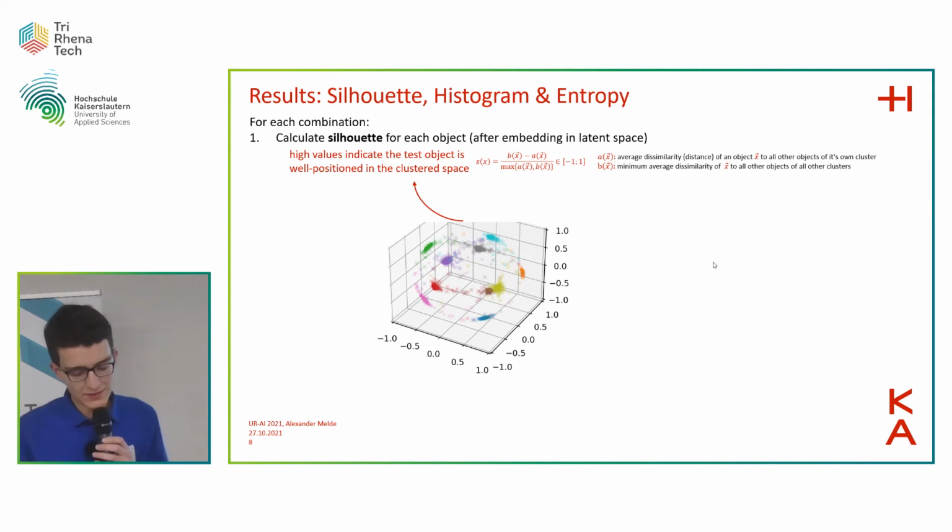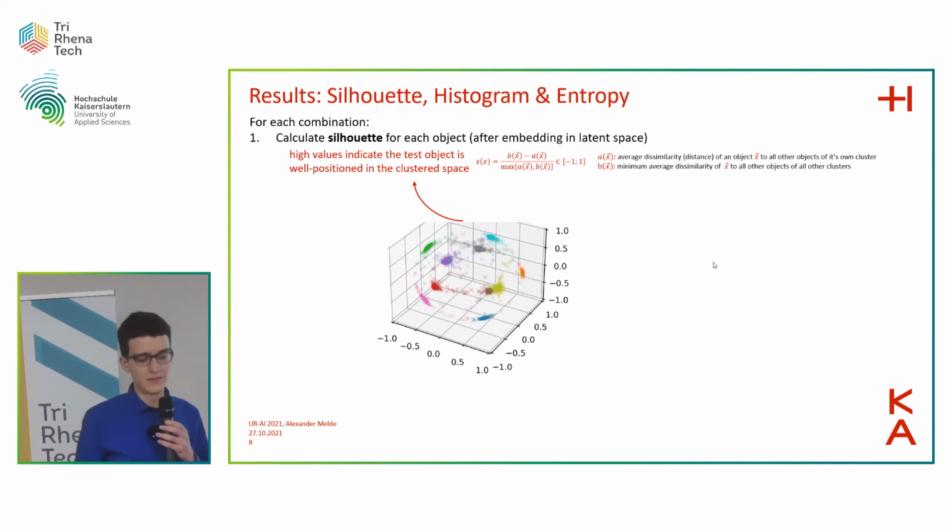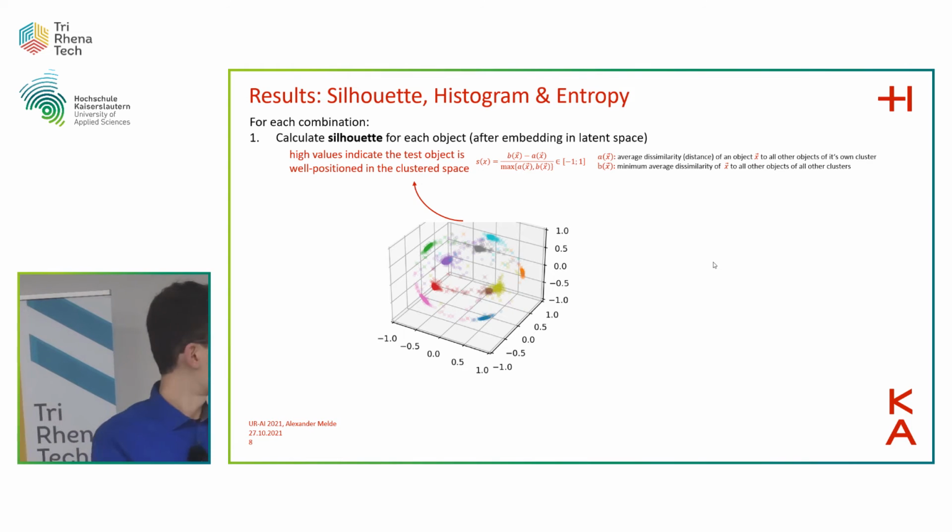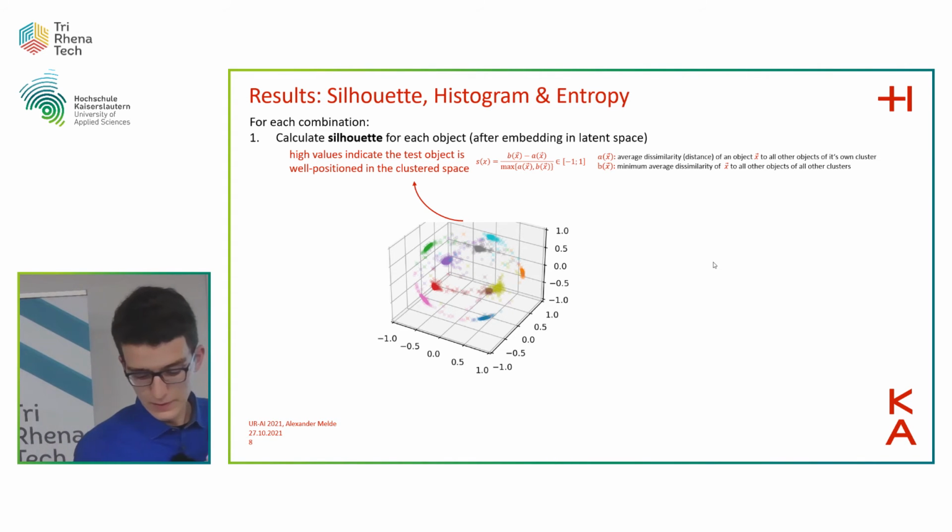So now I would like us to take a closer look at our experiments. For each combination of difficulty splits, we first calculated the silhouette for each object, for each image. The silhouette is a simple formula, and as mentioned, it measures how well the object is positioned in this clustered space.